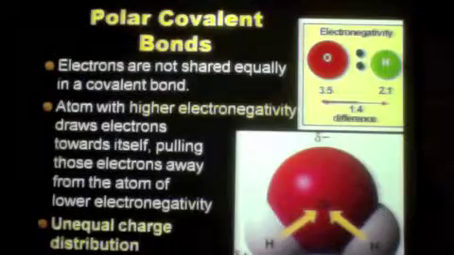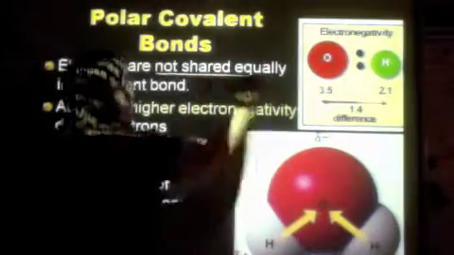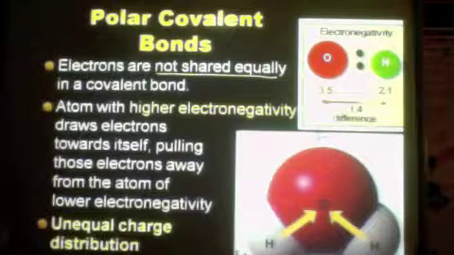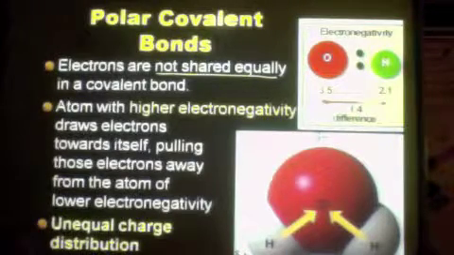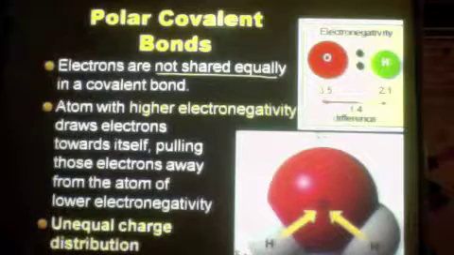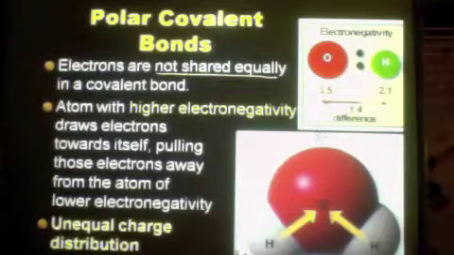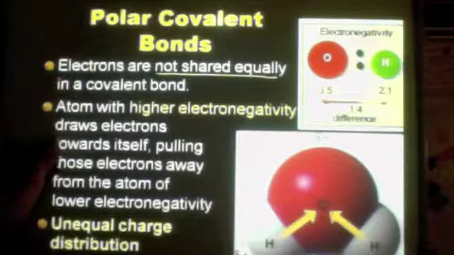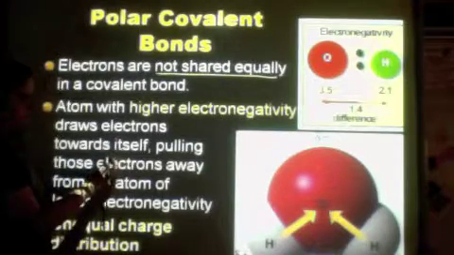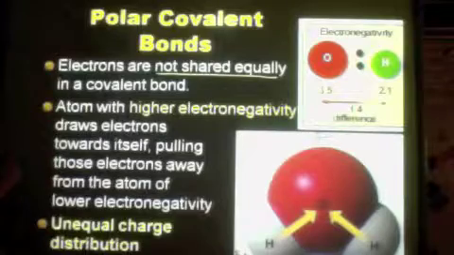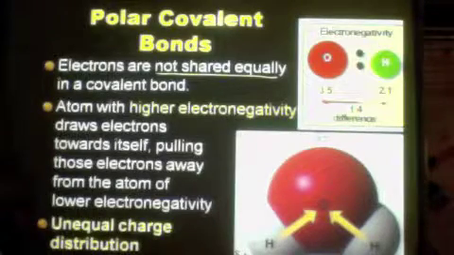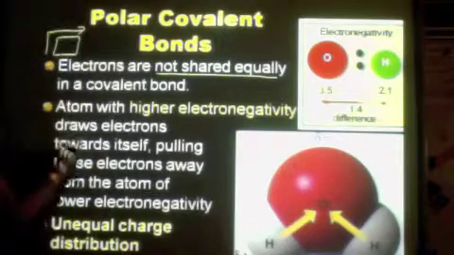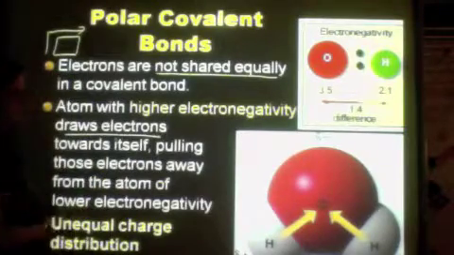In a polar covalent bond, the electrons are not shared equally. So this is where the whole candy thing, I get 1 M&M, he gets 9. Yes, he can go and tell my mom he shared with me, but not quite like she was probably wanting him to. So the atom with the higher electronegativity draws the electrons towards itself. Whatever has the highest electronegativity, meaning it's the furthest up and to the right, is going to be the atom that pulls the electrons in.